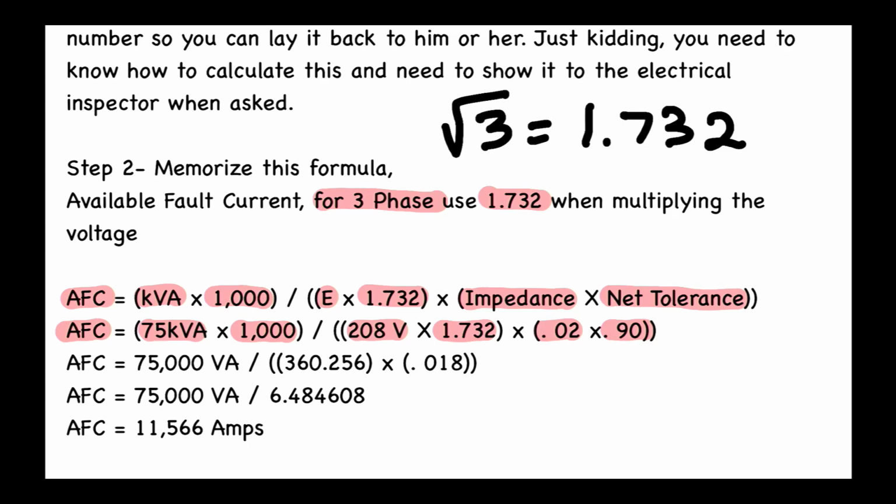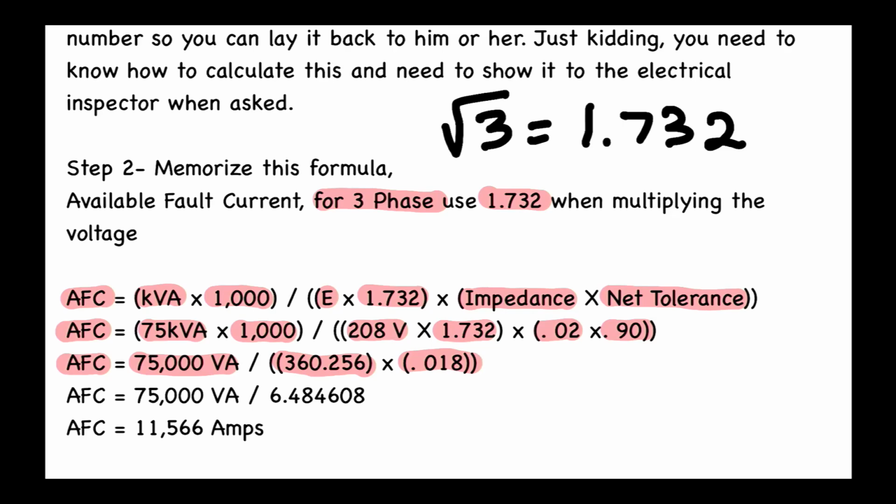All right, so here goes. Available fault current is equal to 75,000 VA, and now we're going to divide that by 360.256, and we got that number by multiplying 208 volts times 1.732, and then we're going to multiply that by 0.018, and we got that from the 2% impedance times the 0.90.